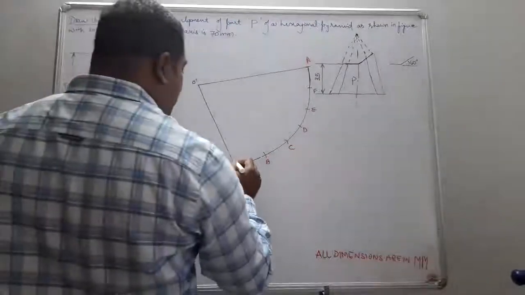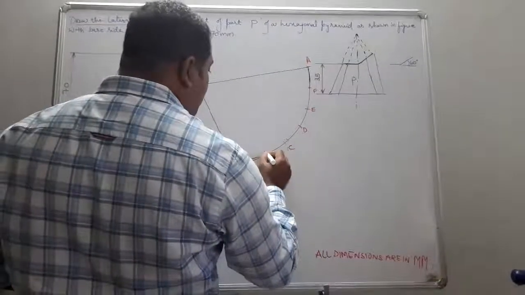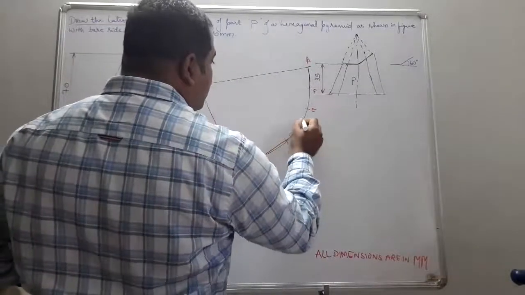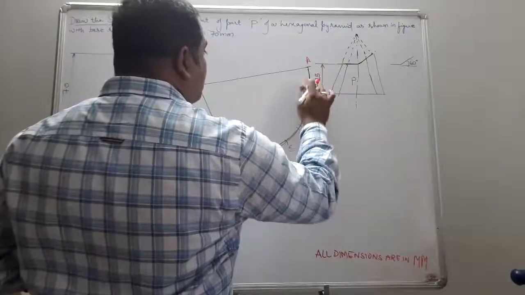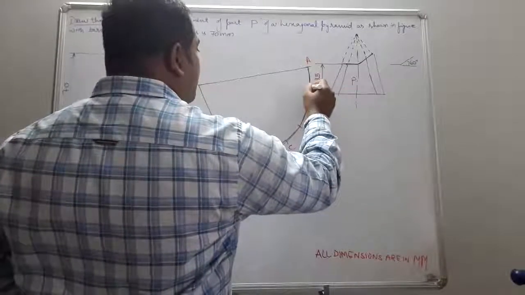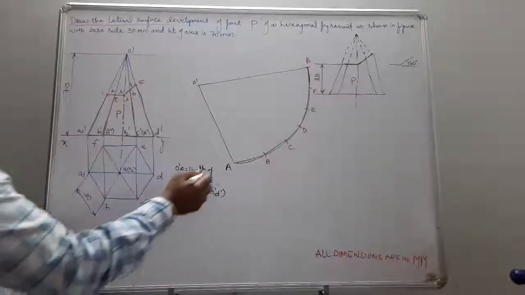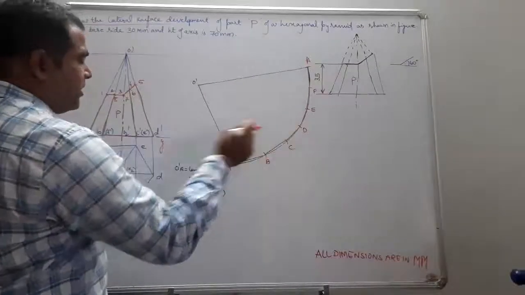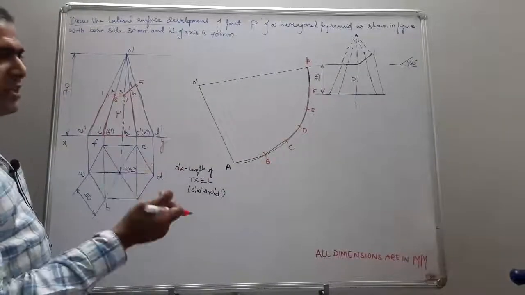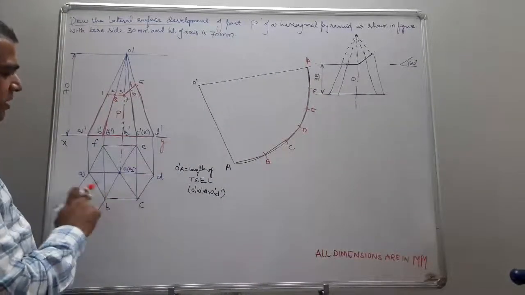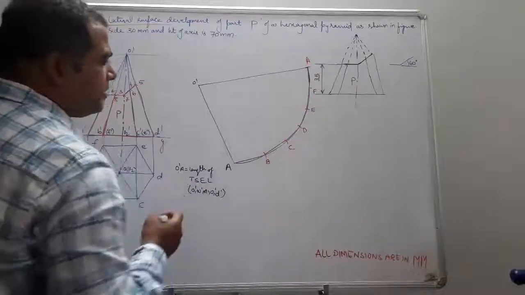So this was drawn with the straight edges AB, BC, CD, DE, EF, and FA. You just join AB, BC, all are straight edges. Why? Because the base edges are straight edges. So I just join all the edges.